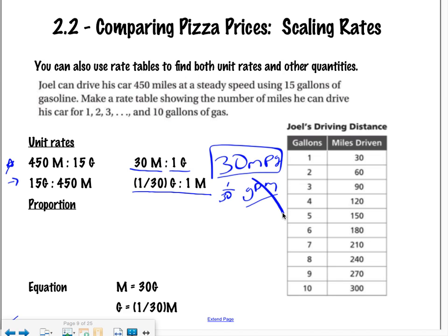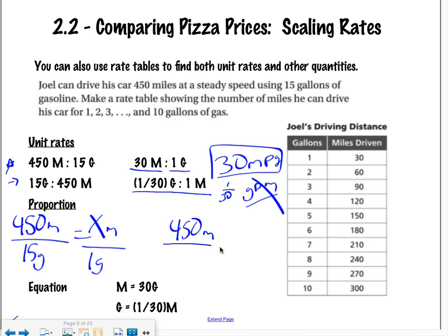Okay, but you could also set up a proportion. So if you have 450 miles to 15 gallons, that is equal to X miles over 1 gallon. And you will get 30 miles per gallon. On the other hand, the other unit rate, it would be 450 miles to 15 gallons equals 1 mile to X gallons.